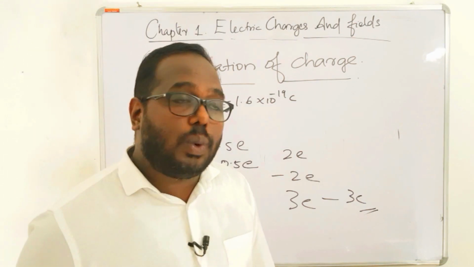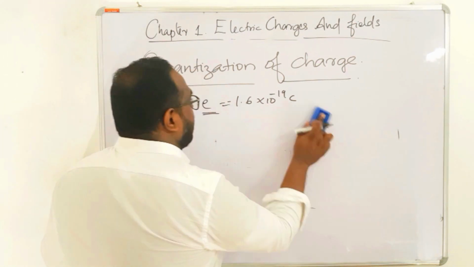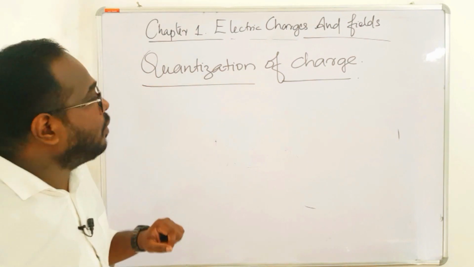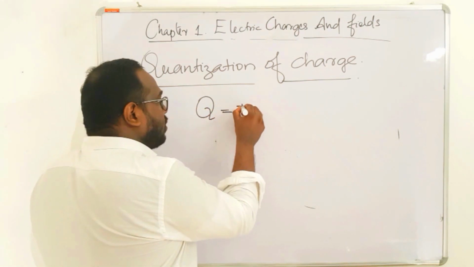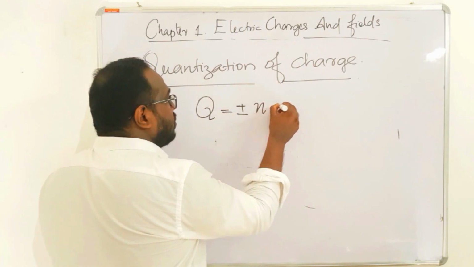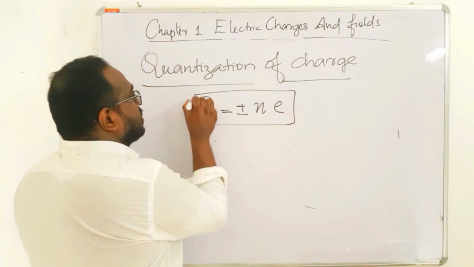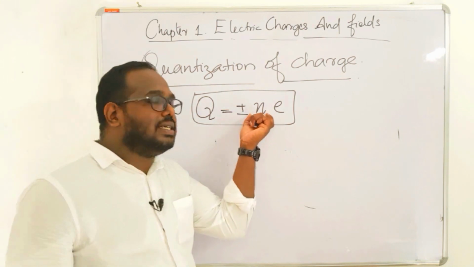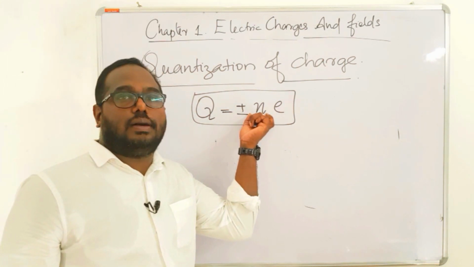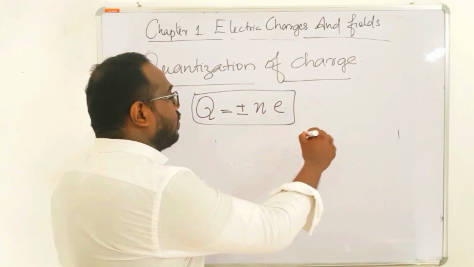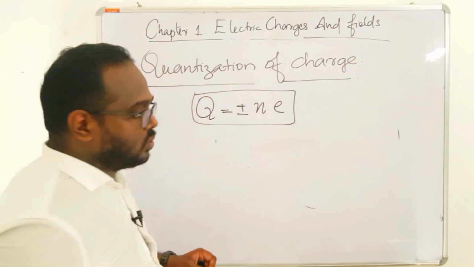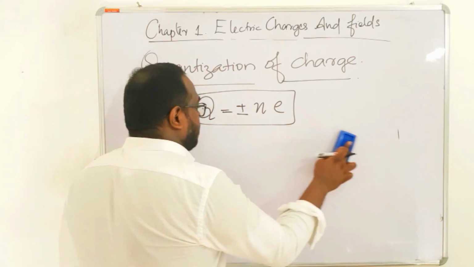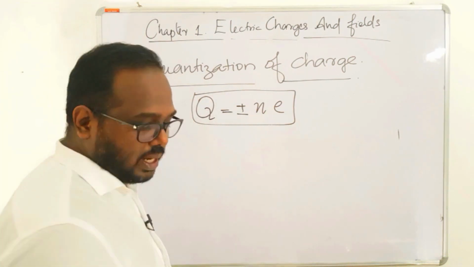Okay, so we can say that the net charge on a body, Q, is equal to plus or minus n into e, correct? So n is an integer multiple, like 1, 2, 3, 4, not 0.5, 0.6, like that. Okay? So this is the equation. So how can you write that? It's a statement.